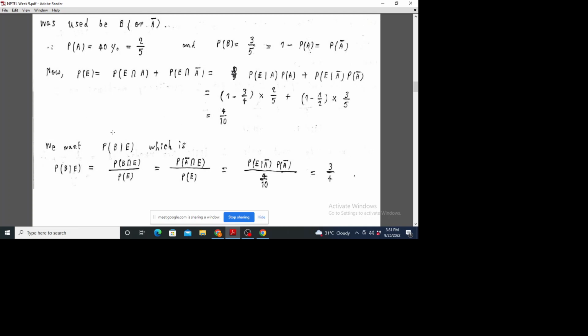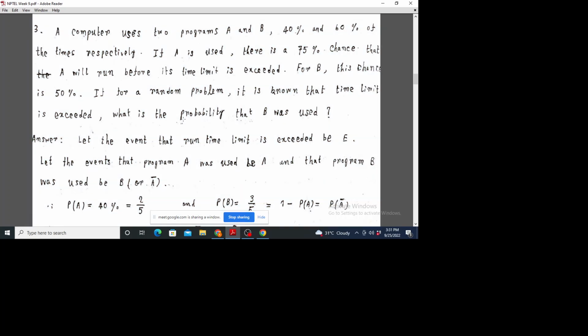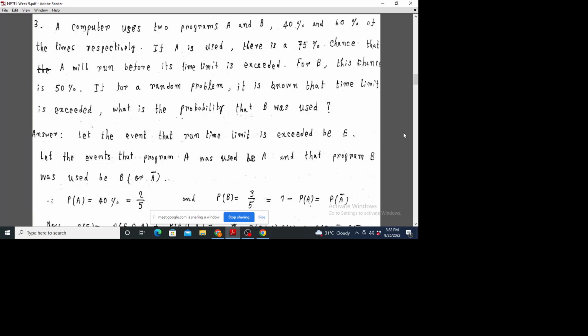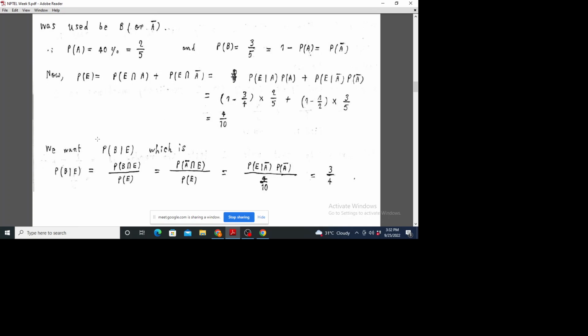Now in the question we are asked to find, given that it is known that the time limit is exceeded, what is the probability that B was used? So again we have to find a conditional probability. Given E has occurred, what is the probability that B has also occurred? This is the conditional probability.